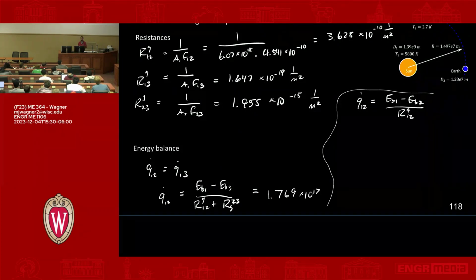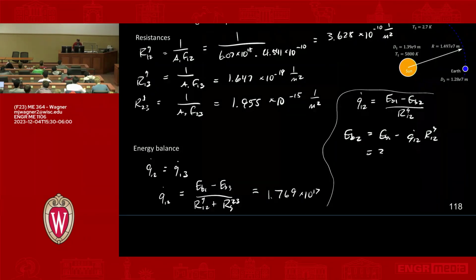Sorry, I'm keeping you. Just give me another 30 seconds here, because I know you really want to know what we're predicting for the temperature. So this is EB2. We solve this for EB2, which gives us EB1 minus Q dot 1,2 times RG12. This gives us EB2 equals 346 watts per meter squared. So then that has to equal sigma T2 to the 4th.